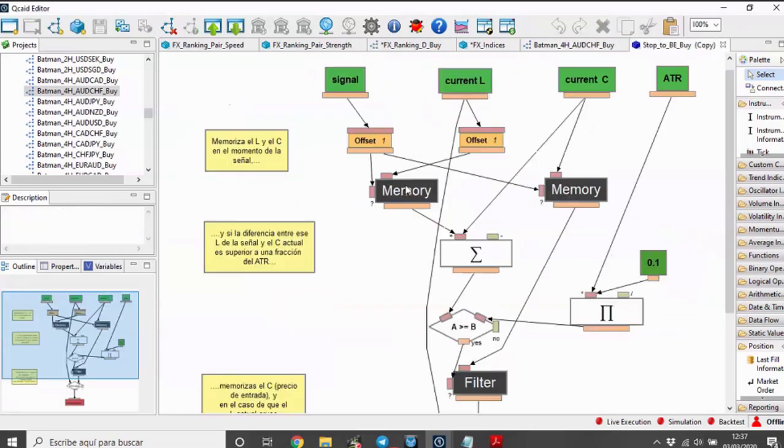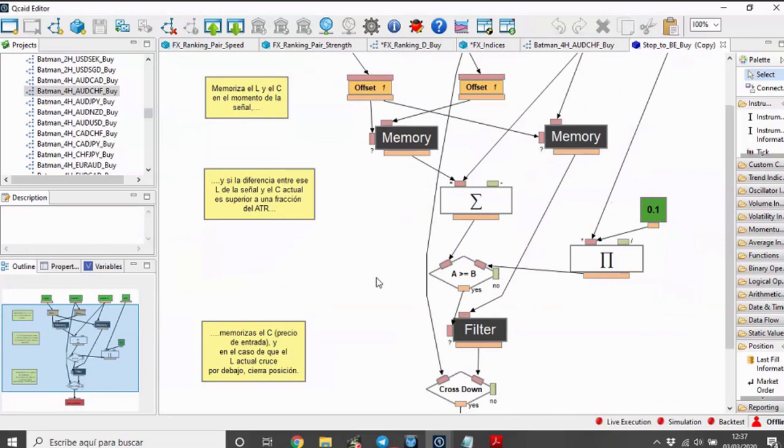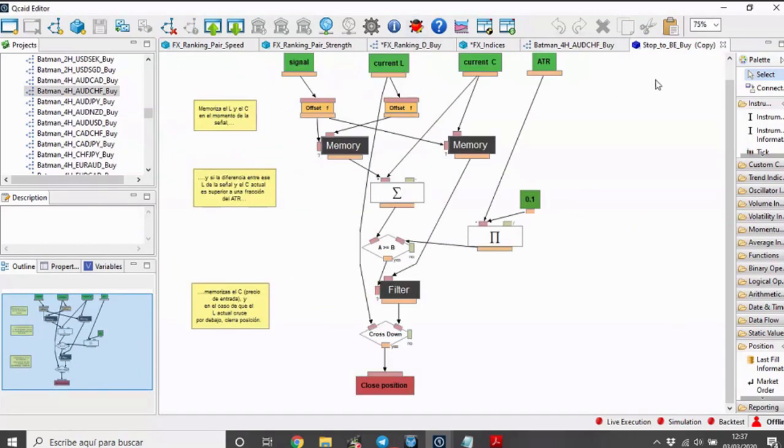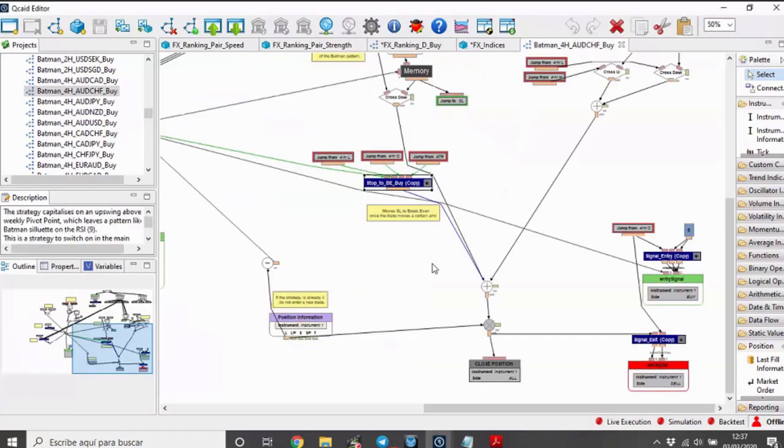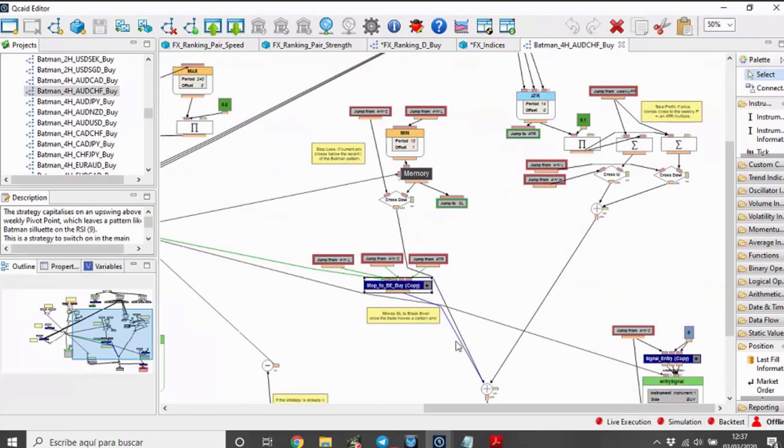Inside this box, we may have another logic which is used to trail the stop. So many times we don't know the exit price at the moment of the entry, because it's being calculated on the go.